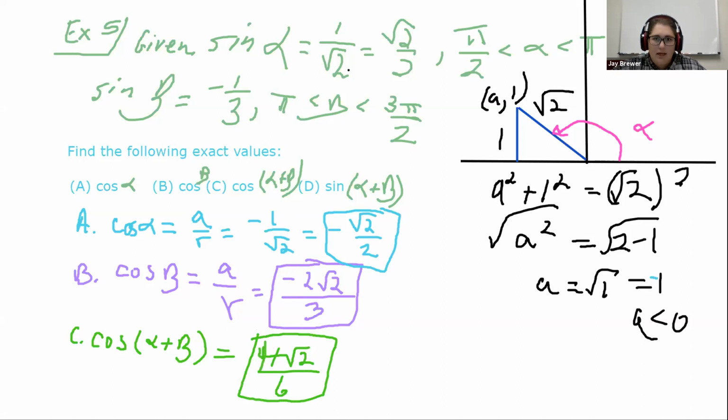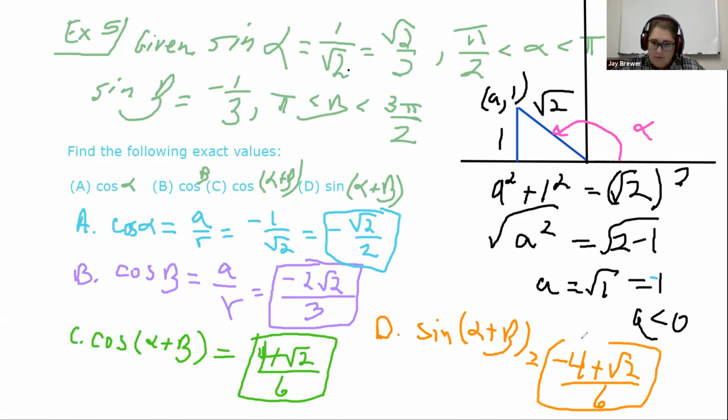Okay. And then the last one, just so we can complete it out, for D, you have sine alpha plus beta, and it ends up being negative 4 plus radical 2 all over 6. And you guys can go through those.